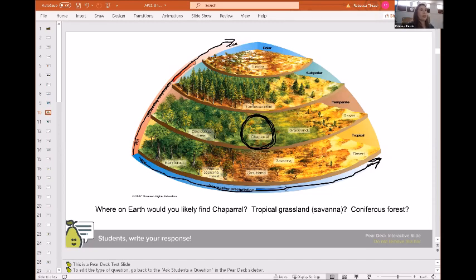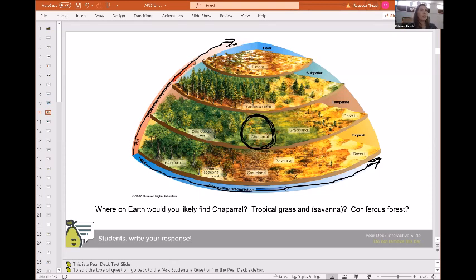Yeah, savannas around the equator, absolutely. Chaparral, yeah, you're going to find those in dry areas, absolutely. So maybe some places in Nevada, Arizona. Yeah, the West Coast in Australia absolutely has chaparral. Very good. Yeah, 30-ish degrees. I like that.